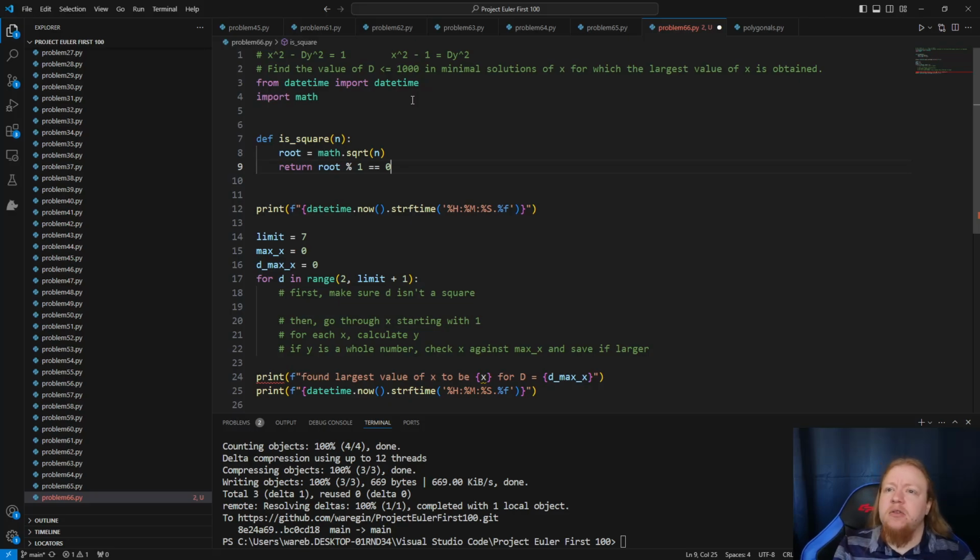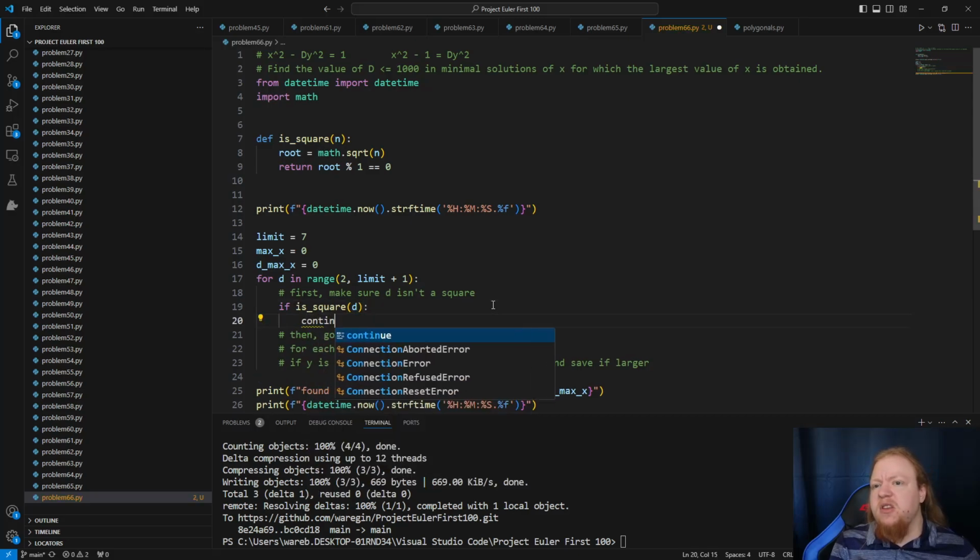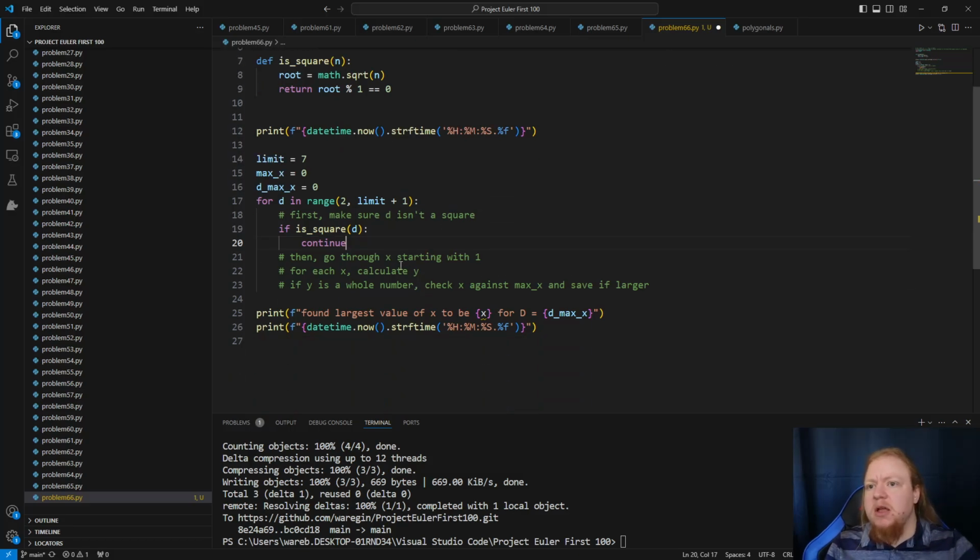So if that is true, then it is a square. Otherwise, it's not. It is square d. I don't need these outer parentheses. What am I doing? Just continue. We'll ignore that.